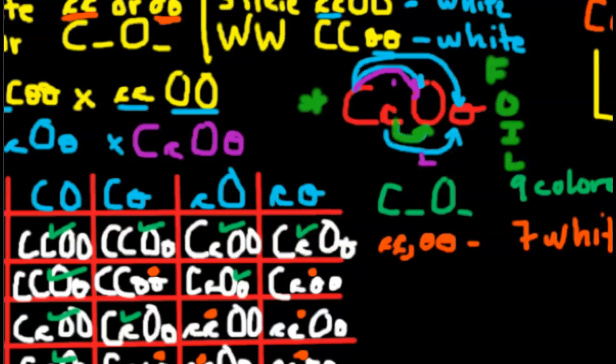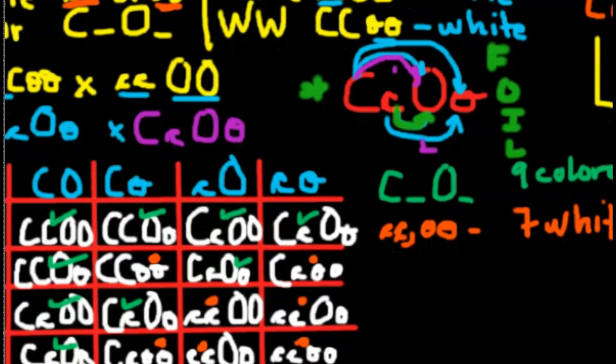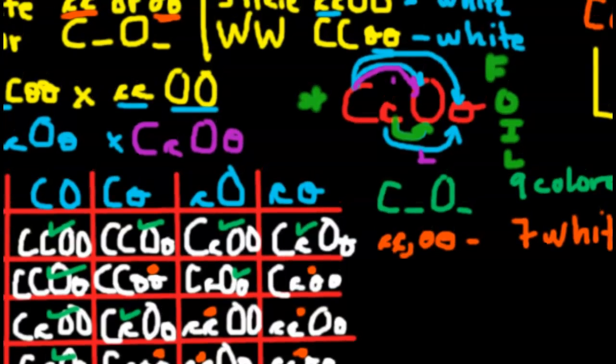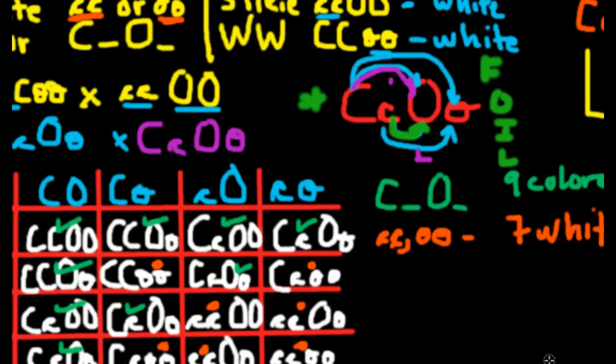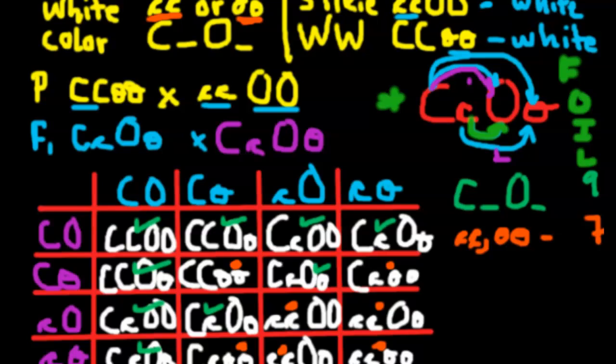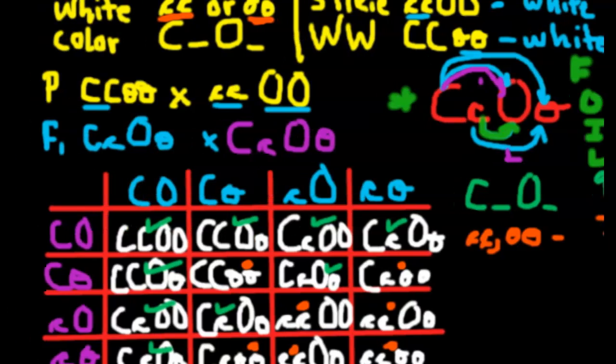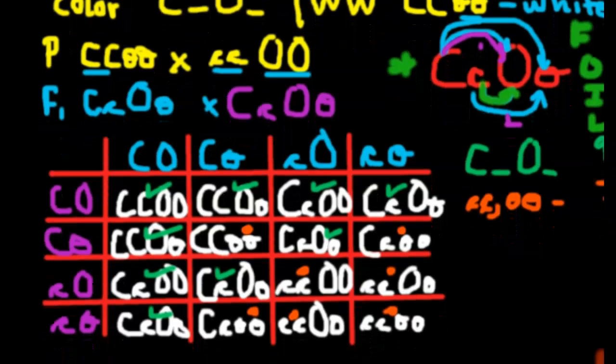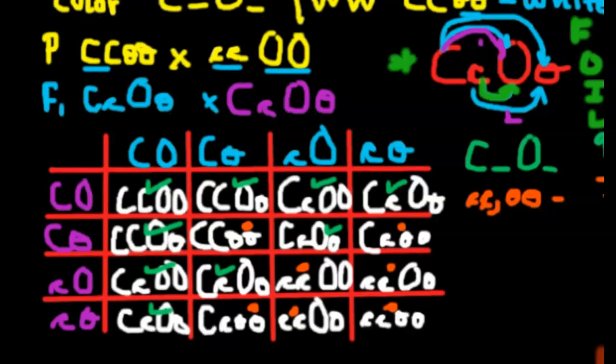Right here. Let's give you time to take a look at that. So what I want you to do is go ahead and turn this off and fill out the Punnett square. So go ahead and turn it off, and fill out your whole Punnett square.